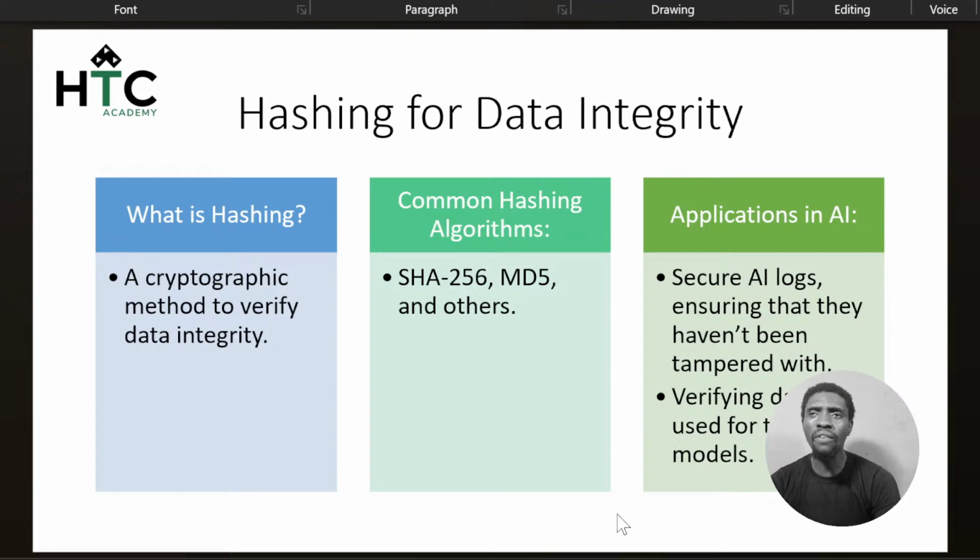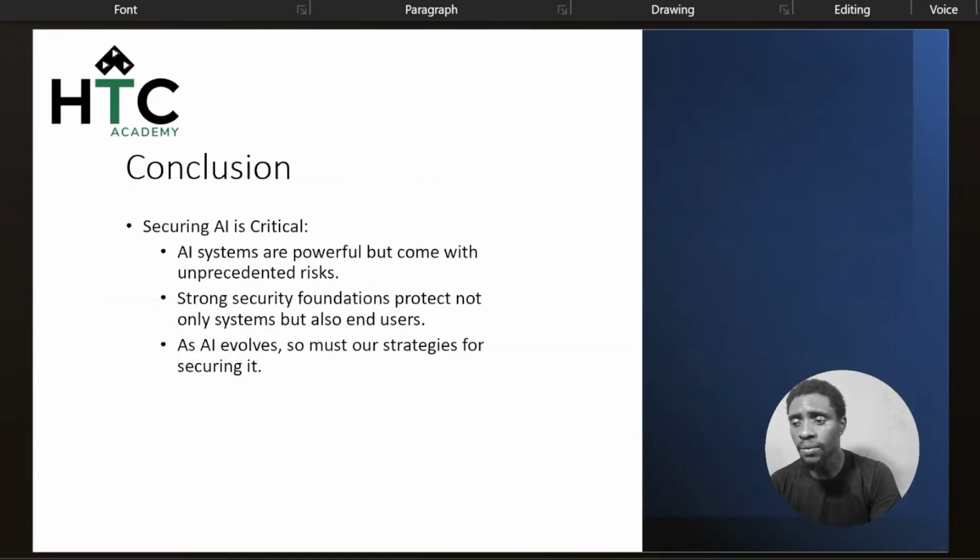So if you have a version 1.0 data set and a version 2.0, and you find out that version 2.0 is not giving you what you want, you can always reverse back to version 1.0, since you know the data used for it works fine and is okay. So that's that for data integrity.